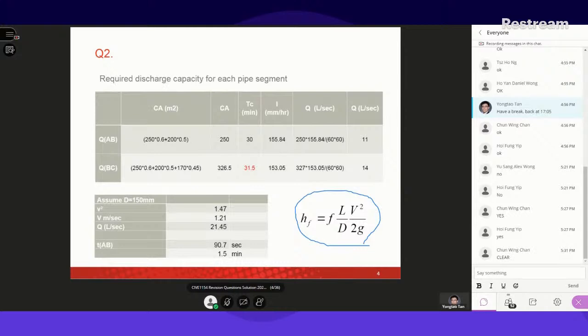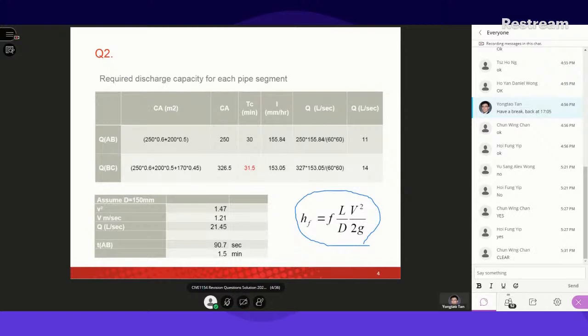The diameter we assume is 150 millimeters, and f is also given. What is f? f is 0.02, right? So hf over L is the slope. The slope is 1%. I remember.